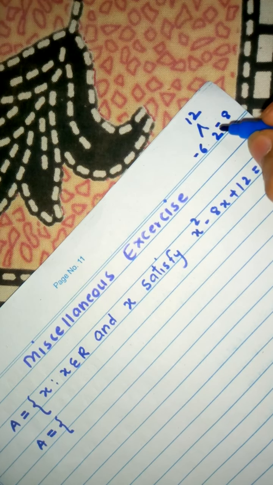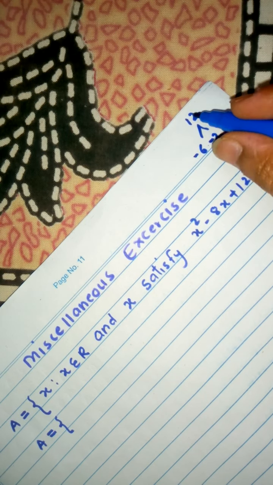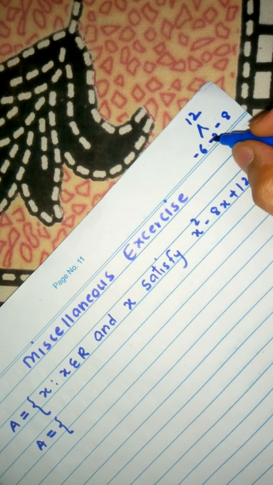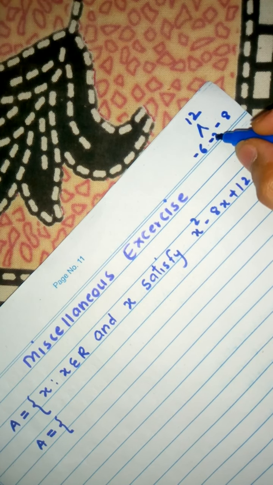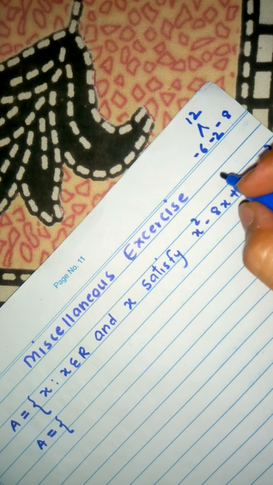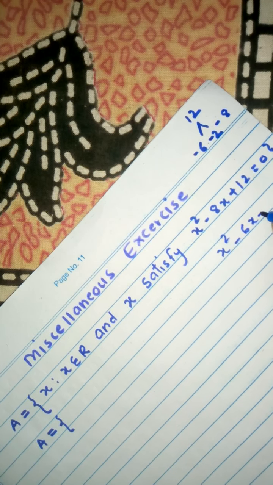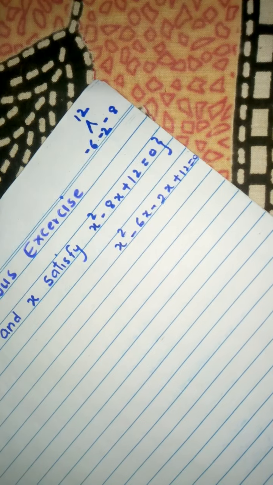Minus will come here and minus will come here. Yes, 6 into 2 is 12, minus into minus is plus, 6 plus 2 is 8. So x square minus 6x minus 2x plus 12 is equal to 0.